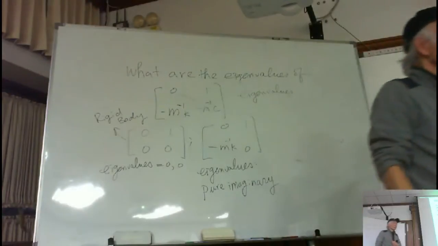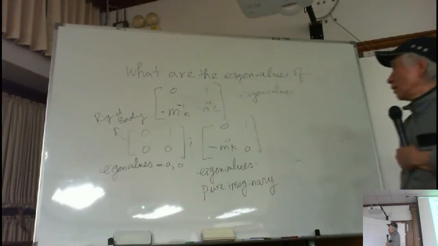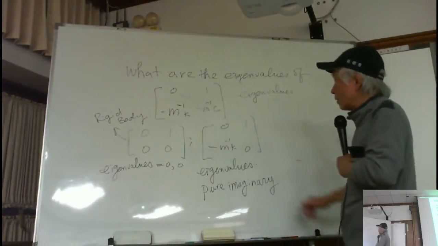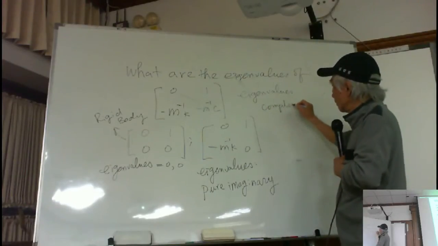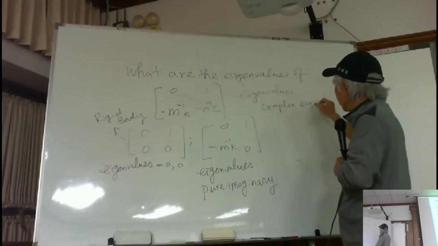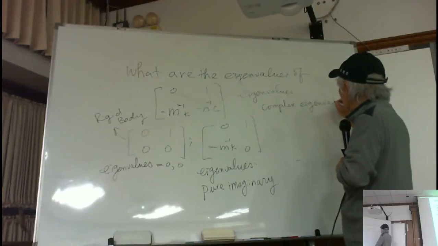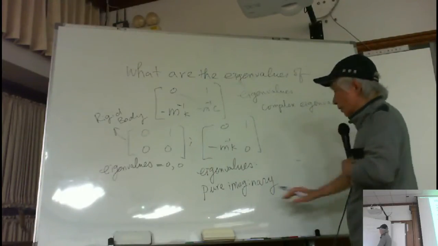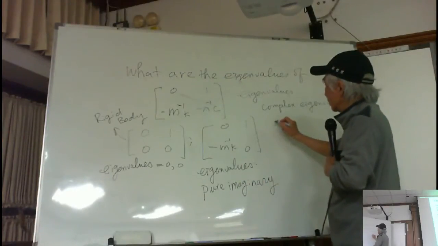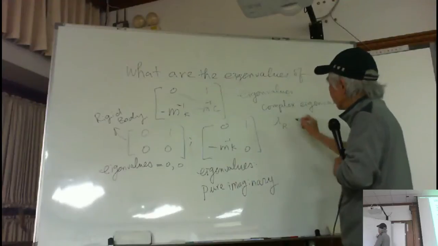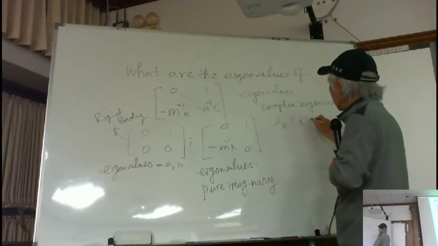I'm not going to solve it for you, but I will tell you: this will be a complex eigenvalue. This eigenvalue has a real part, plus or minus i times an imaginary part.